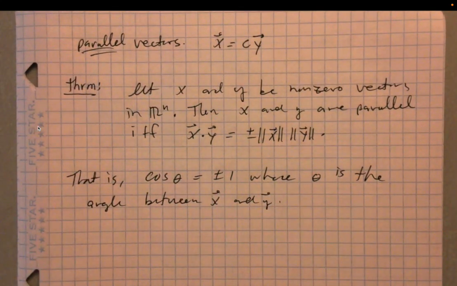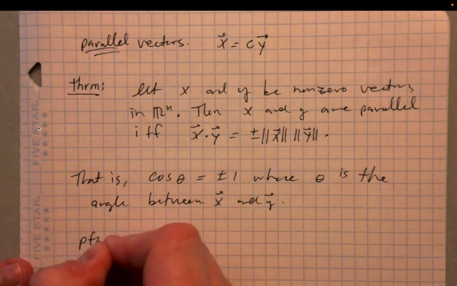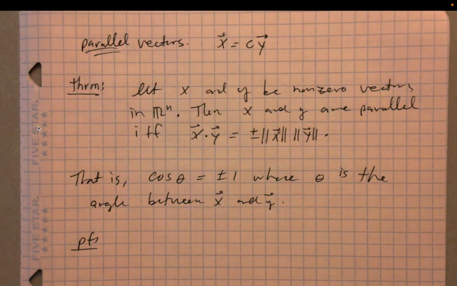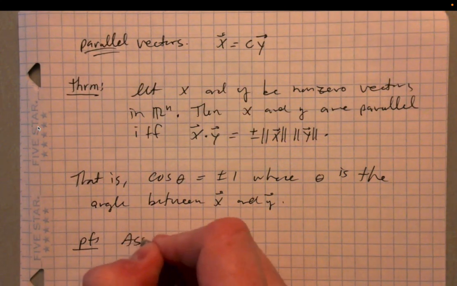Okay, hold on. So x and y are non-zero vectors in Rn. They're parallel if and only if the dot product of the two vectors is equal to the product of the norms of the vectors, plus or minus. Where is this one coming from? Let's prove it. Well, let's assume that x and y are parallel.